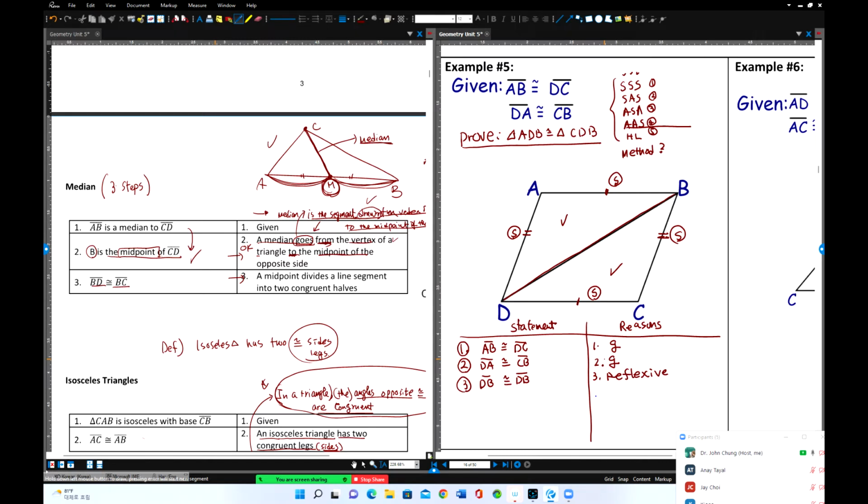A postulate is already proved, so you don't have to prove it. A property is what we use after it is proved, to make additional information. By the way, it doesn't matter.